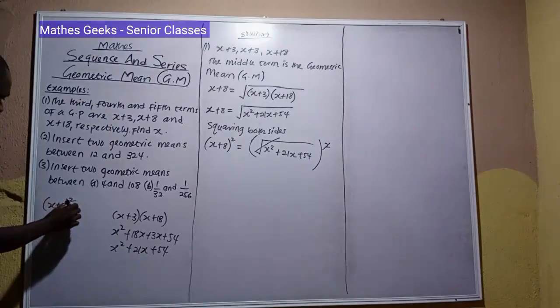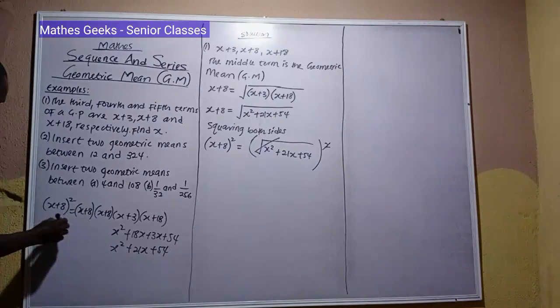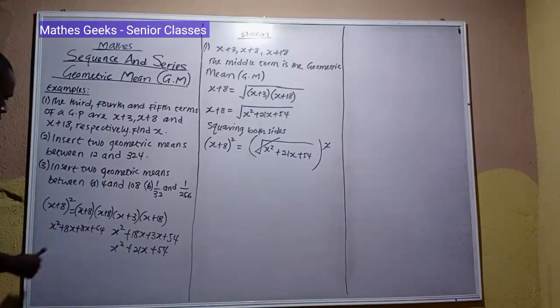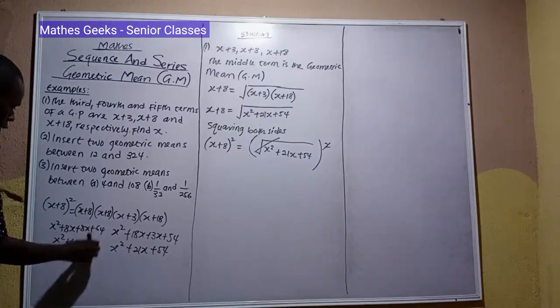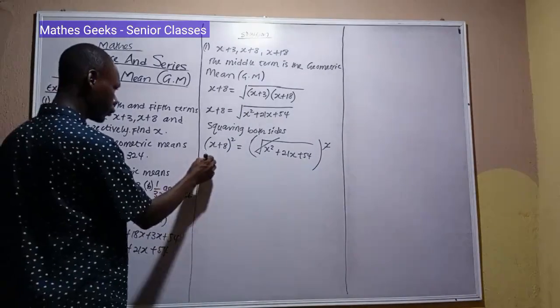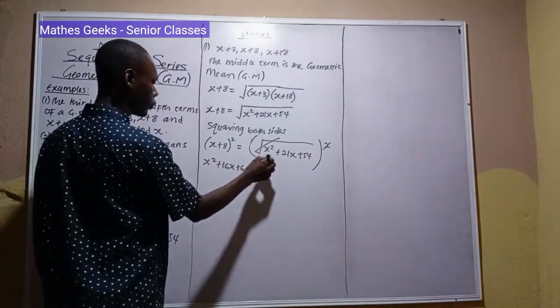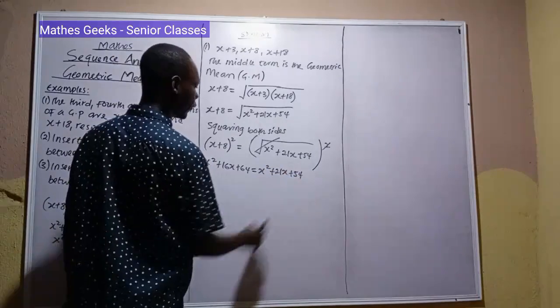X plus 8 squared is x plus 8 times x plus 8. So x times x is x squared, plus 8x, plus 8x, plus 64. So x squared plus 16x plus 64 is equal to x squared plus 21x plus 54.